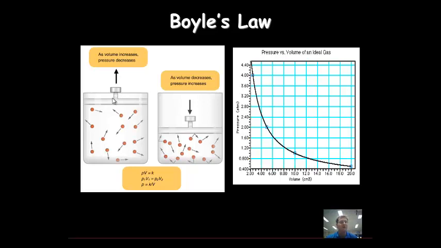So increasing the volume would cause a decrease in pressure. As the volume decreases, so if I push down and reduce the volume of the gas, the particles would be colliding more often with the edges, so there'd be an increased pressure. So here we have an inverse relationship: pressure is equal to a constant divided by the volume.